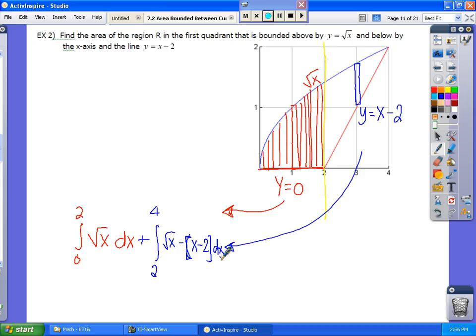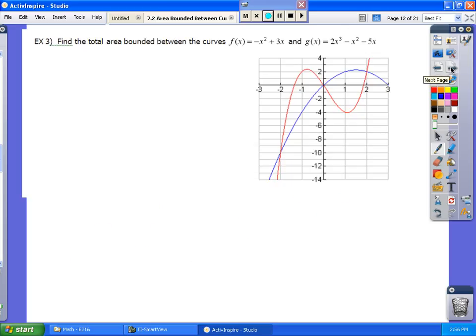There was one more we had that looked like this, and f of x is your cubic function, so that's your red function. And g of x is your blue function. So for this one, your integral, so the area bounded between going from -2 until 0. So what am I doing right now?